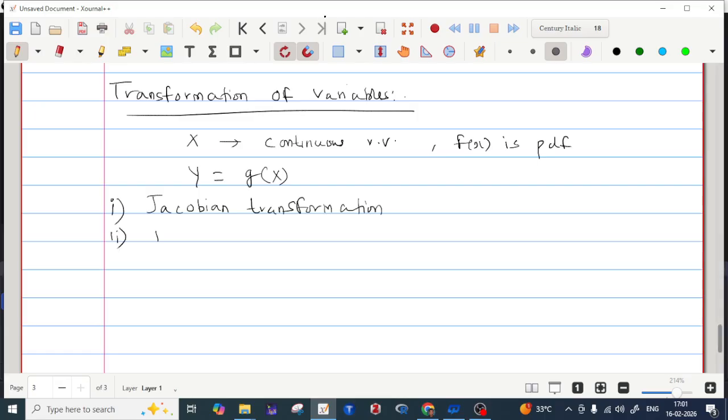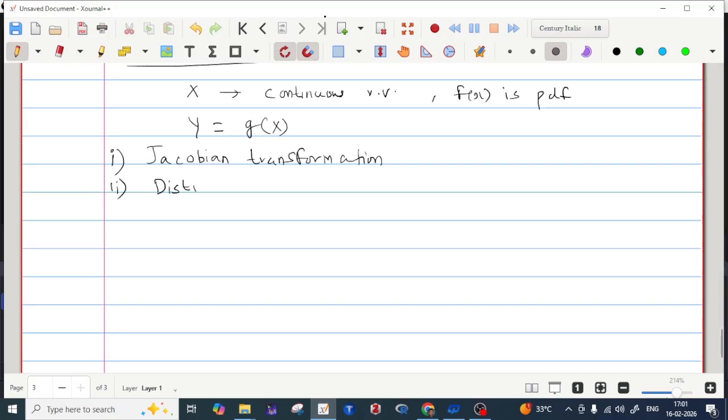Second is by using the distribution function approach. And the third one is the MGF approach.